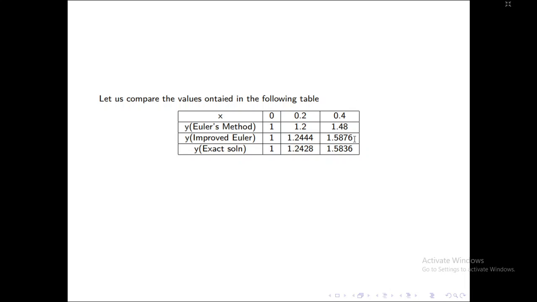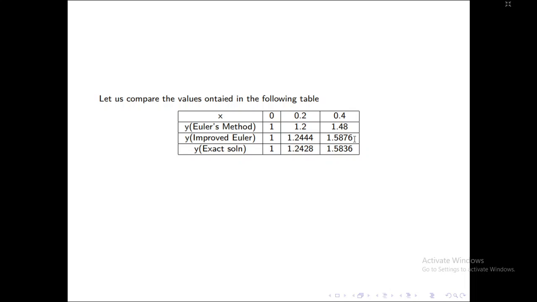So comparatively, improved Euler's method gives much lesser error than Euler's method, but it takes a little more calculation or a little more work to find the solution.